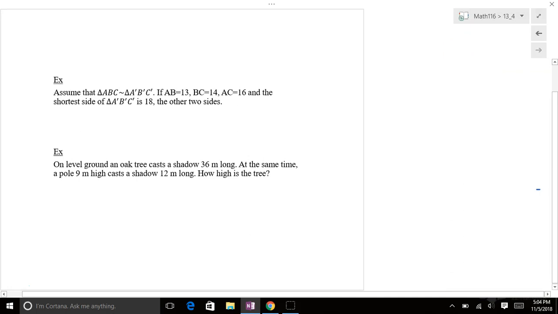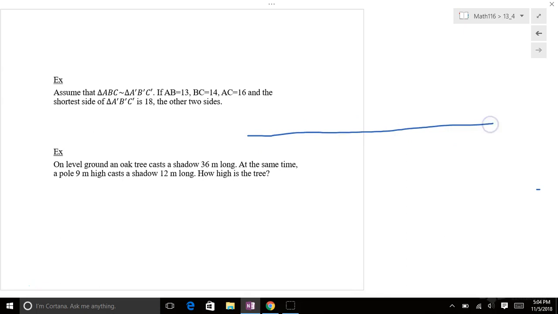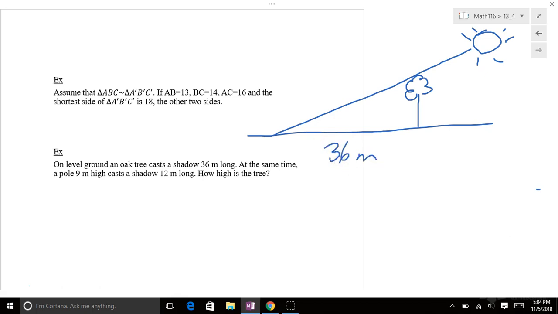All right, so let's see if we can draw this. We've got level ground. We've got the sun up here. We've got this oak tree, and the sun's casting its ray like that. So the oak tree casts a 36 meter long shadow right here.